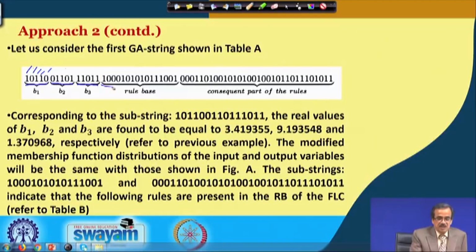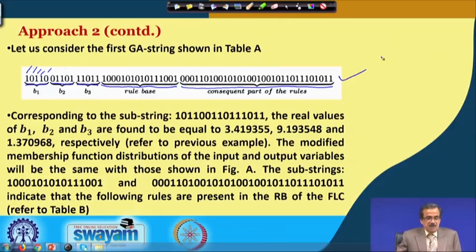Now, 16 bits represent the presence or absence of the rules, and the output of the rules is represented by these 32 bits, that is 16 multiplied by 2. So, one complete GA string represents the database and the rule base for this fuzzy logic controller. Now, let us see how to find out the output for a set of inputs.